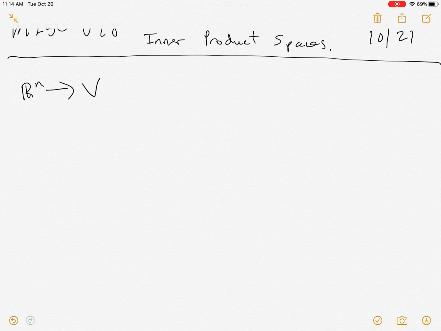And then their main example is always Rn. And I like this direction better. So this will look familiar, but now we're going to generalize this idea to general vector spaces. So we start by letting V be a vector space.